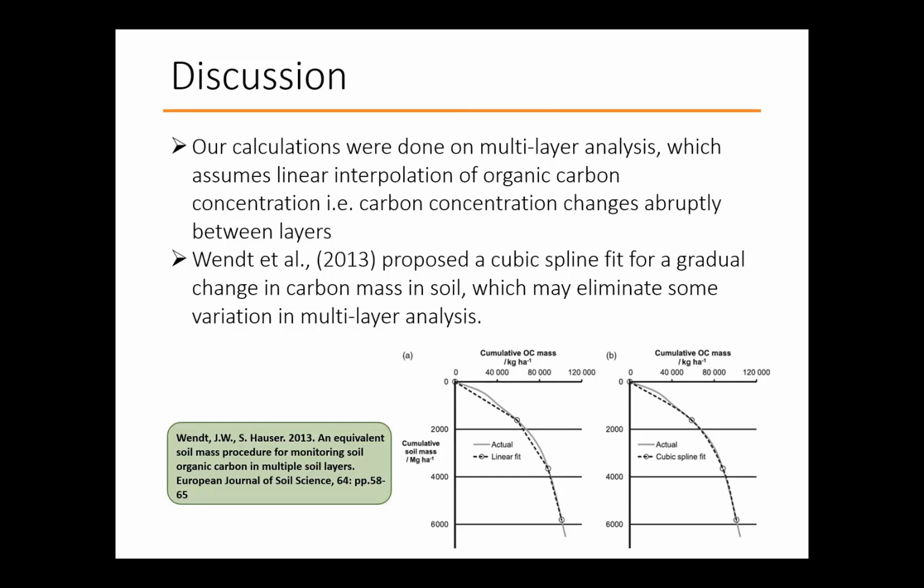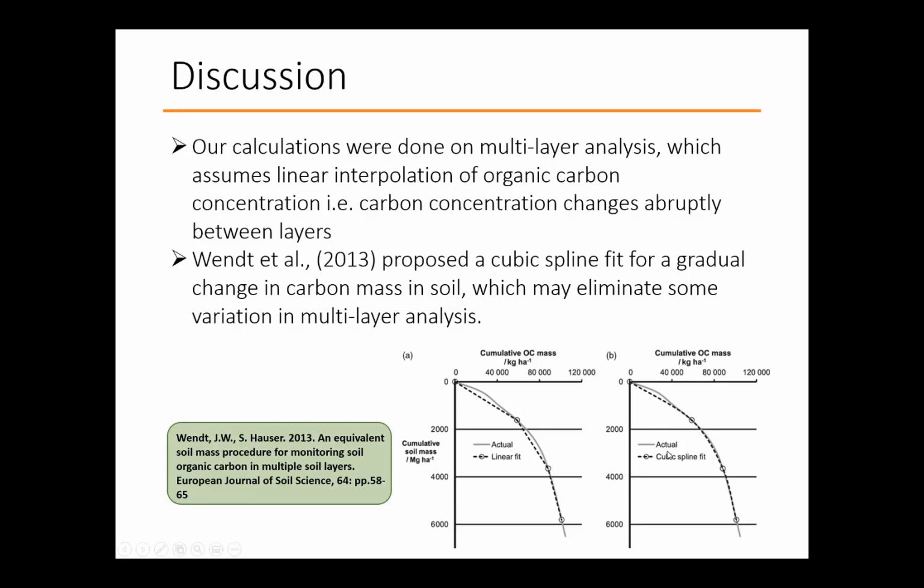So this recent work from Wendt et al. shows that when you do linear interpolation, the estimation of cumulative organic carbon mass may be okay, but has a little bit more root mean square error. So you tend to have a little bit higher variation.